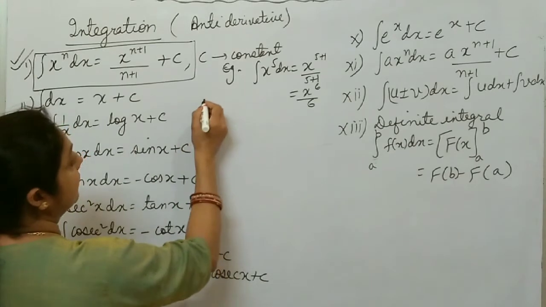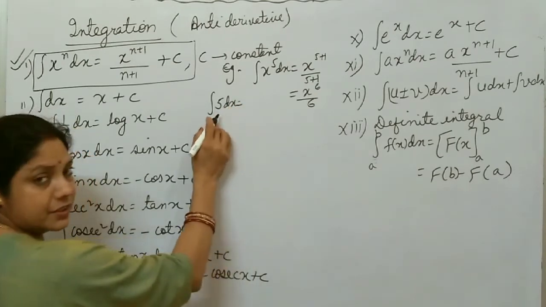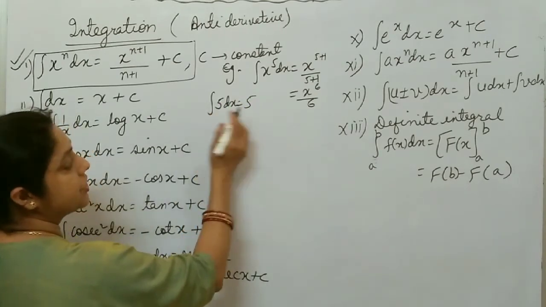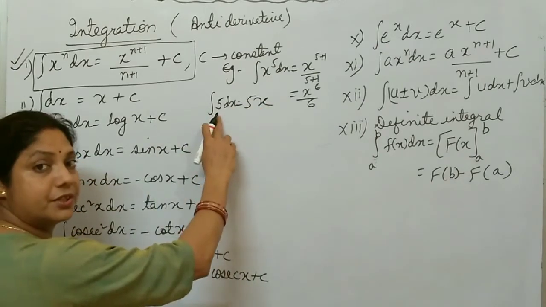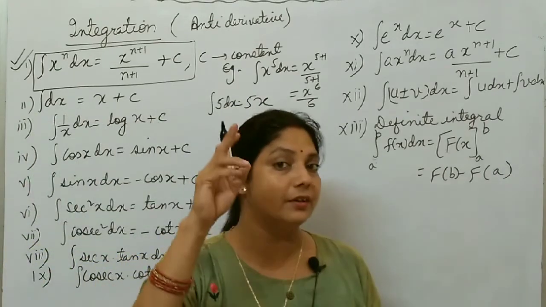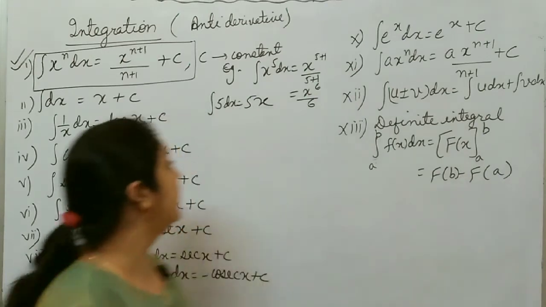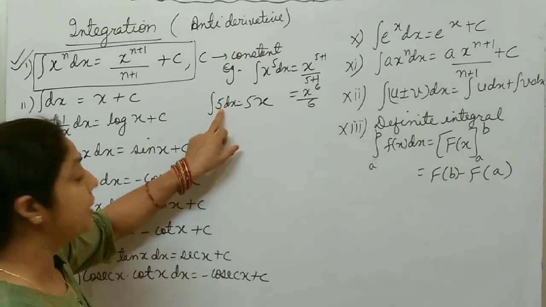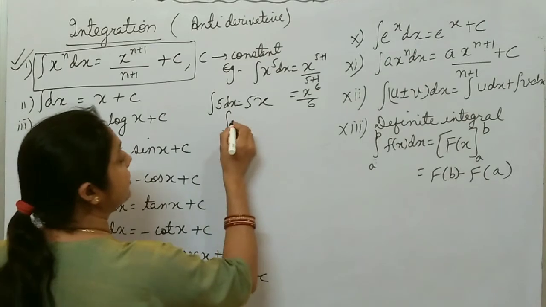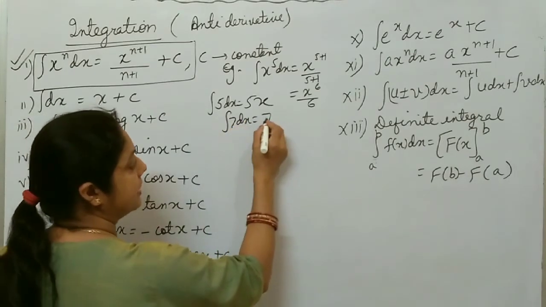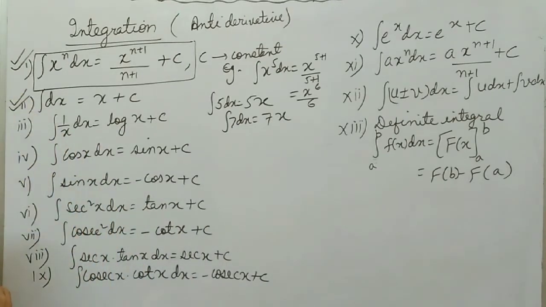For example, integration of 5 dx: 5 is a constant, you take 5 outside, and integration of dx is x, so the answer is 5x. But in differentiation, the differentiation of 5 is 0. Suppose integration of 7 dx: it is 7x, since integration of dx is x. This one is also very important, okay?